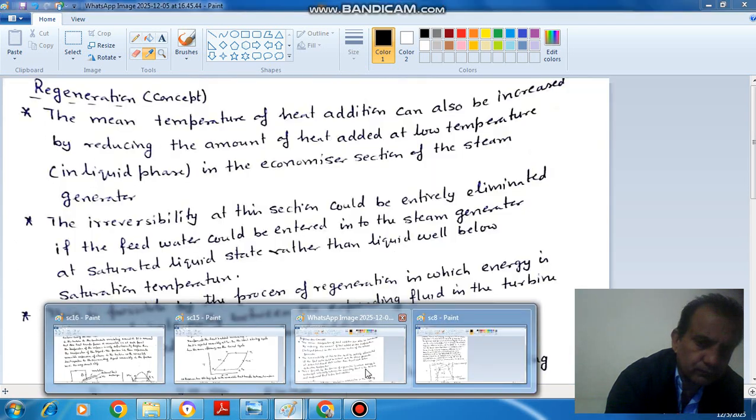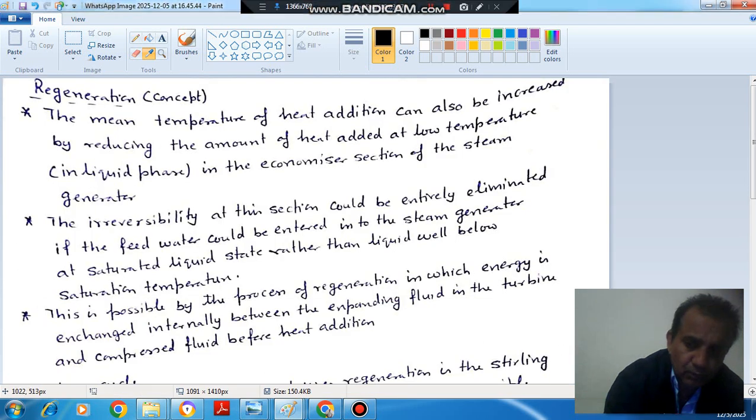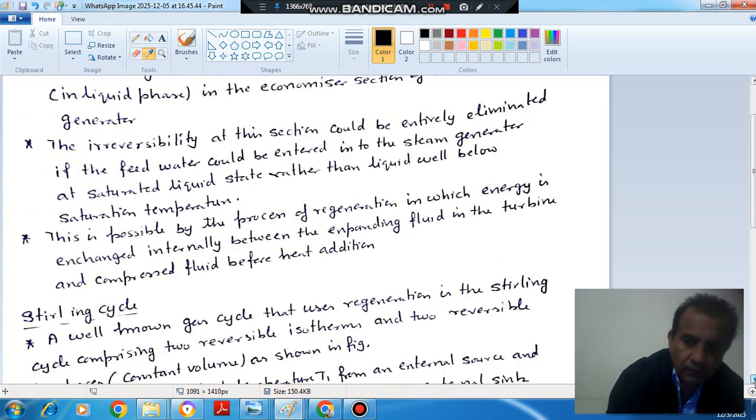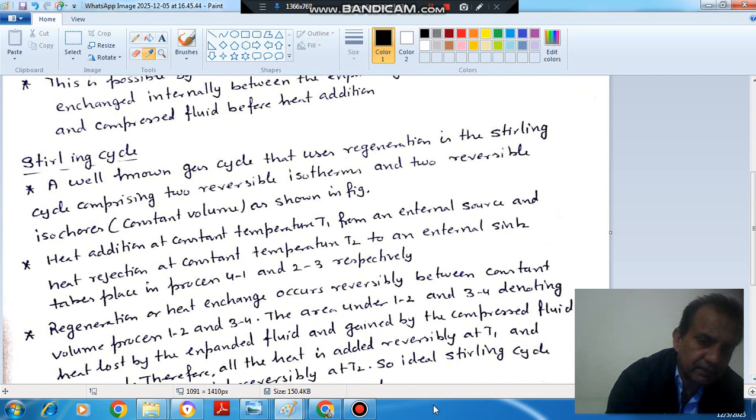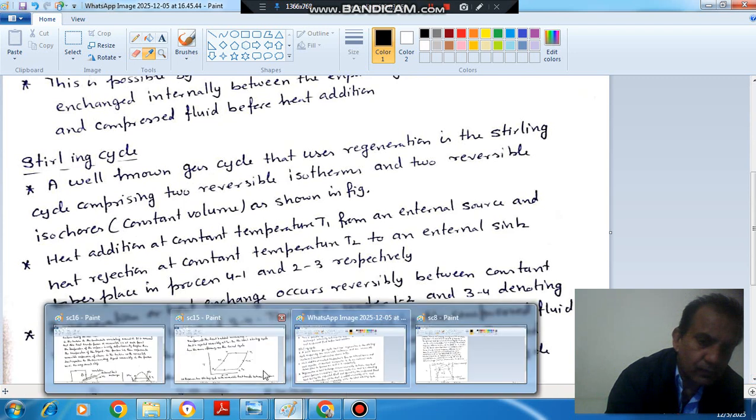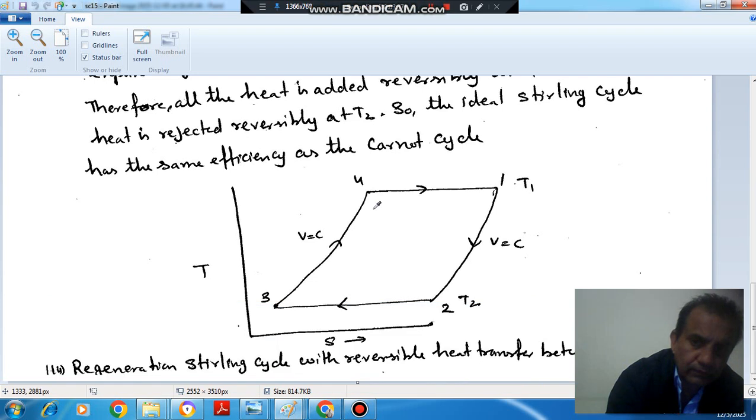Now this concept is more visible in Stirling cycles. In Stirling cycles there are two constant temperature processes, two isothermal processes, and two constant volume processes. 4-1 is your constant temperature heat addition and 2-3 is your constant temperature heat rejection. This is your expansion process and this is your compression process.